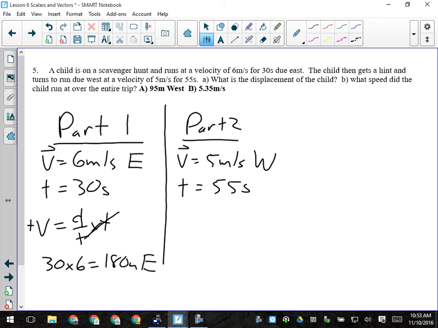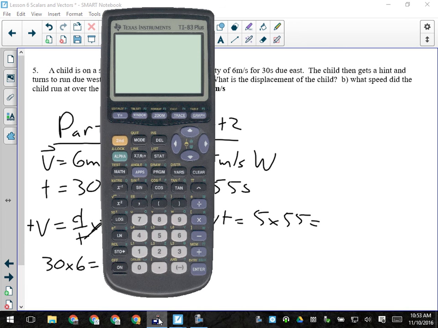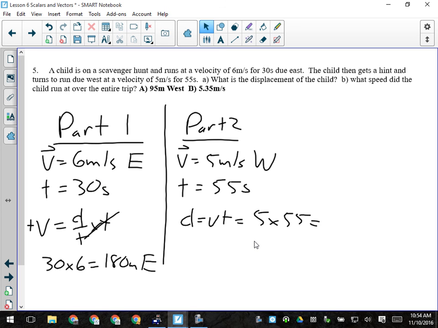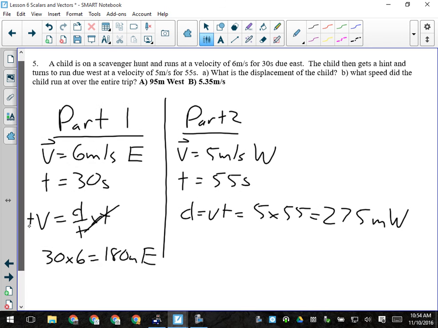Everyone follow me on that one? Okay, and then for the second one, same formula, d equals v times t. So 5 times 55, which is 275 meters west.